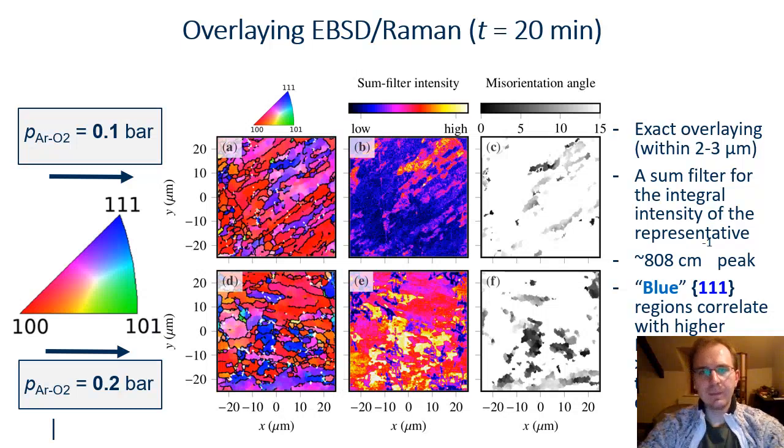And it's quite obvious that both for the 0.1 bar and 0.2 bar, the dominant orientation is the 111, so it's the blue regions on the left figures A and D. So this corresponds to the highest intensity, which also means that this part of the sample has the thickest oxide.